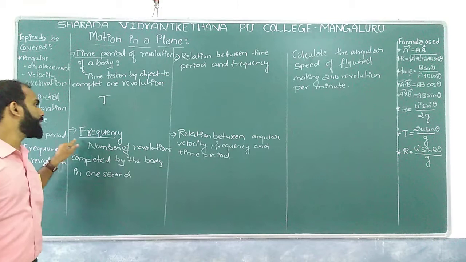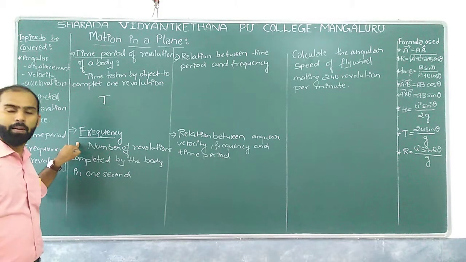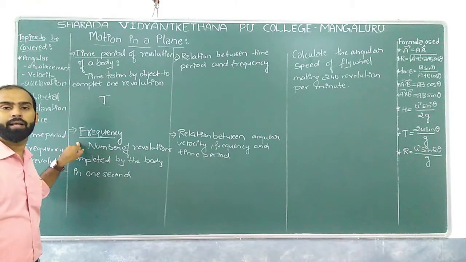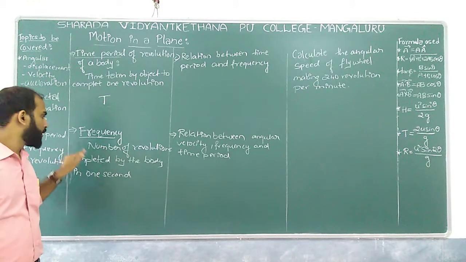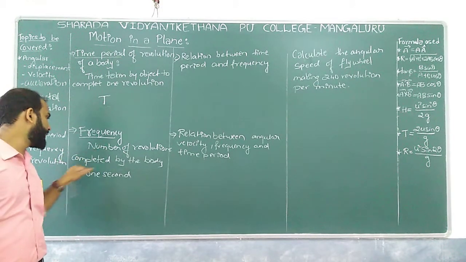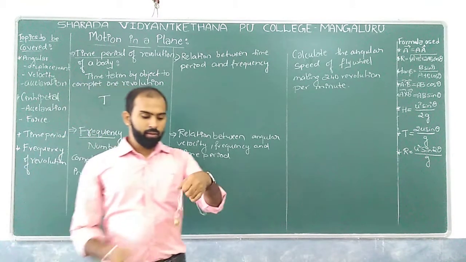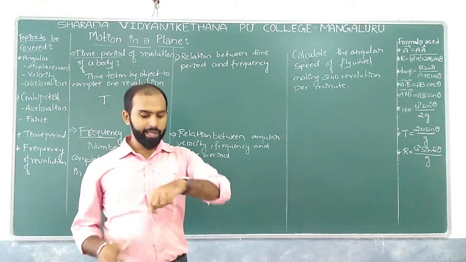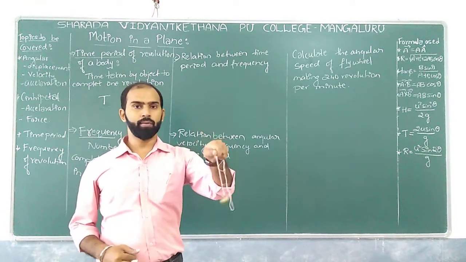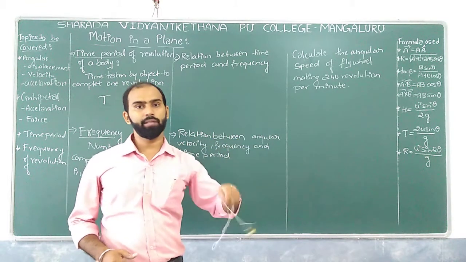And similarly the frequency gives the number of revolutions completed in 1 second. For example, in 1 second there could be 2 revolutions or 3 revolutions.